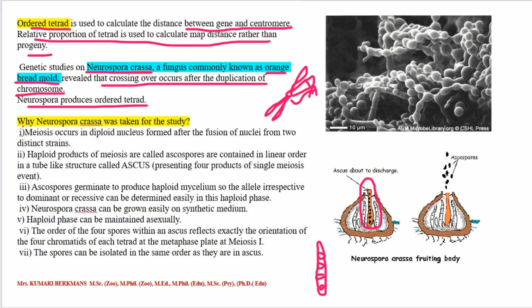One interesting question is why Neurospora crassa was taken for the study. There are a few reasons why Neurospora crassa is taken into genetic studies. Let us see one by one. The meiosis occurs in a diploid nucleus formed after the fusion of nuclei from 2 distinct strains.